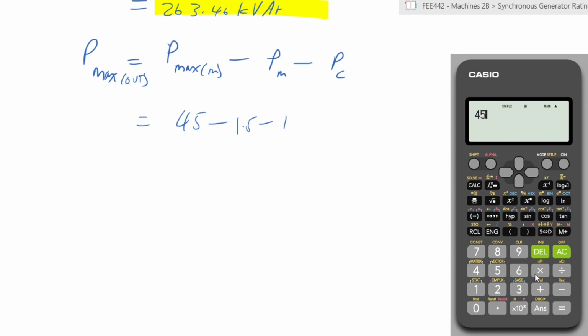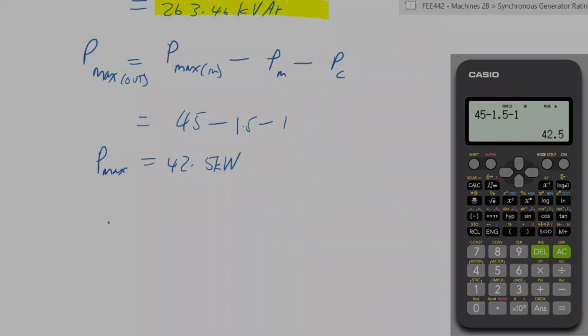So 45 minus 1.5 minus 1 is 42.5 kilowatts. Right. So this is our maximum output. Our limit of the prime mover, what we can actually get, is limited by that.